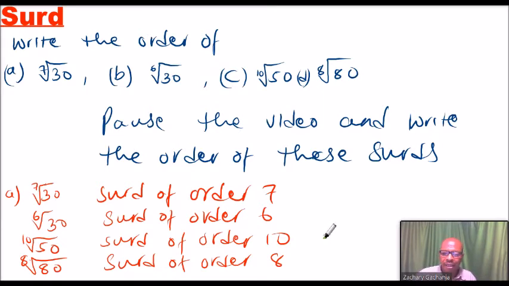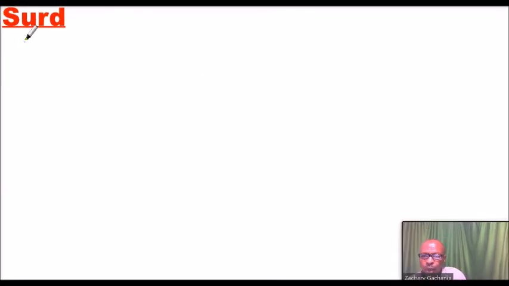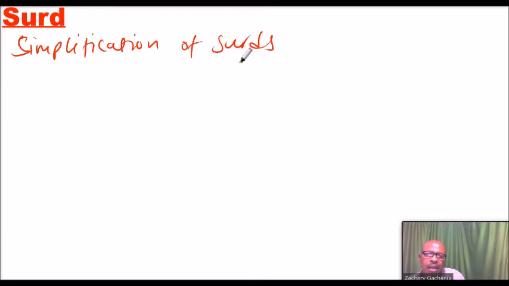what we have done. So the next thing that we are going to look at is simplification of Surds. We have said a Surd is a number that does not have an exact square root, cube root, fourth root, and so on.